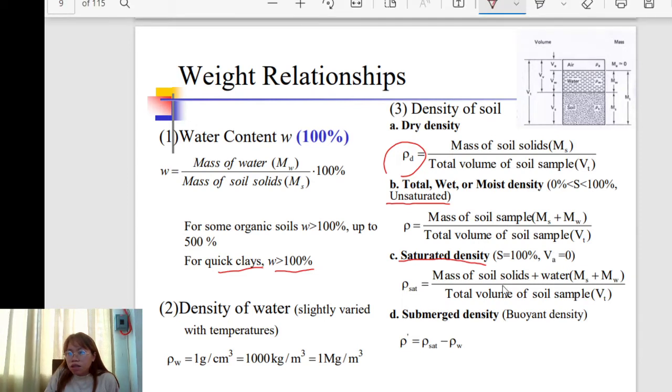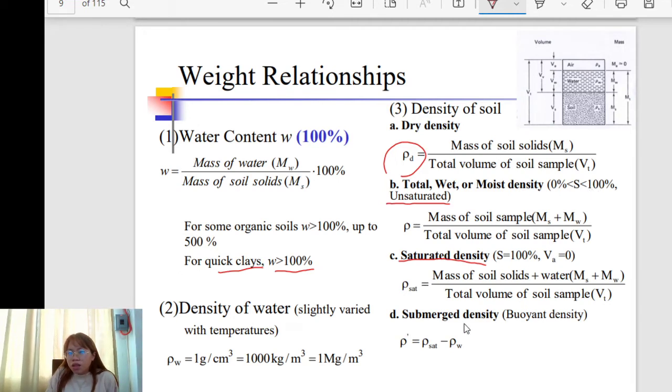So the saturated density is equal to the mass of soil solids plus water over the total volume of soil sample. Yes, almost the same formula as the unsaturated, but the difference is that the degree of saturation for saturated density is 100%.